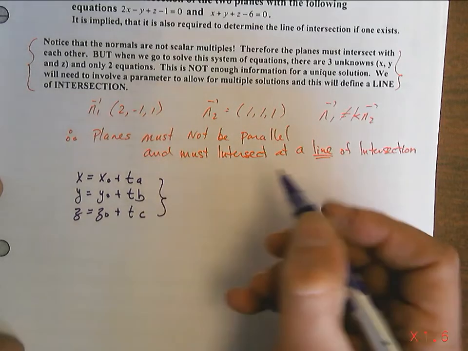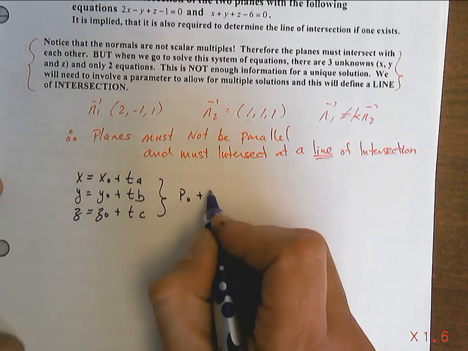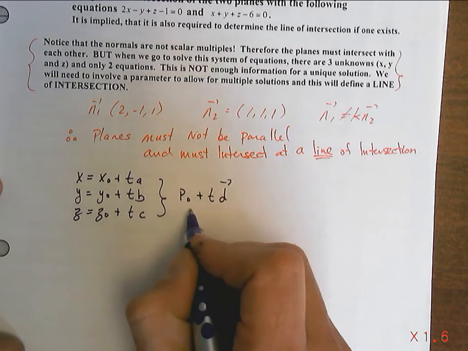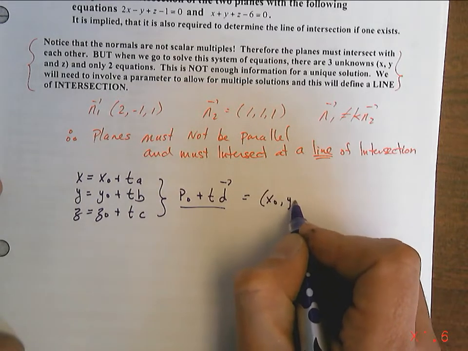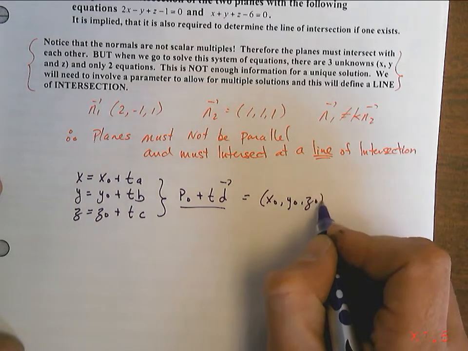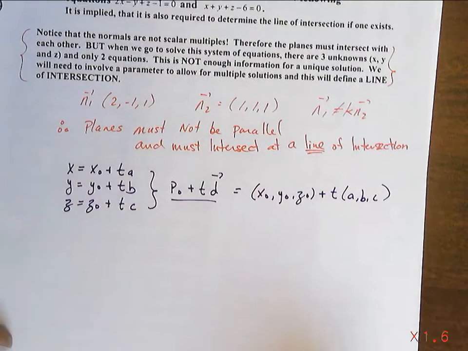And of course, these can go together to give you your particular point plus your direction vector in the vector notation. And another way to look at this, plus t, a, b, c. Okay, so these are all different forms of writing out the same thing.